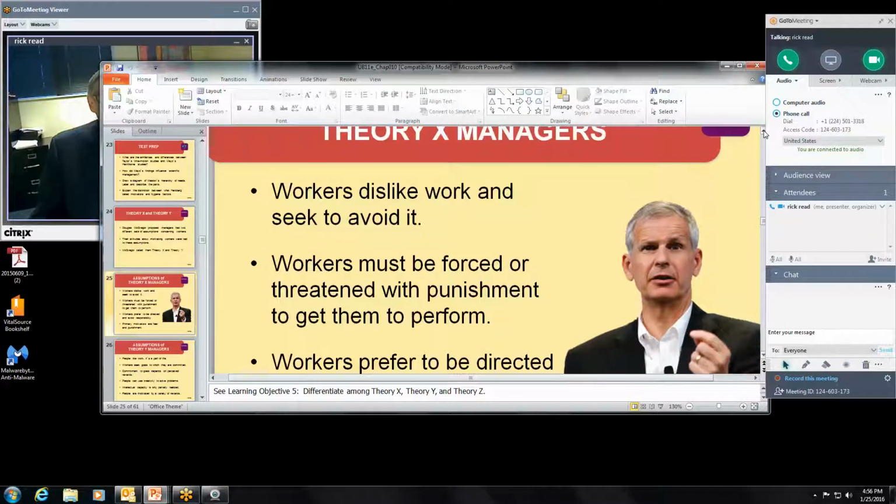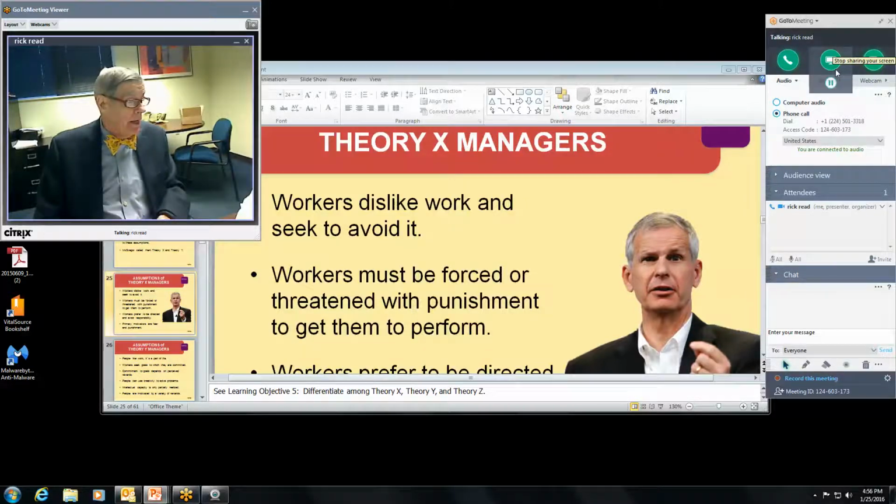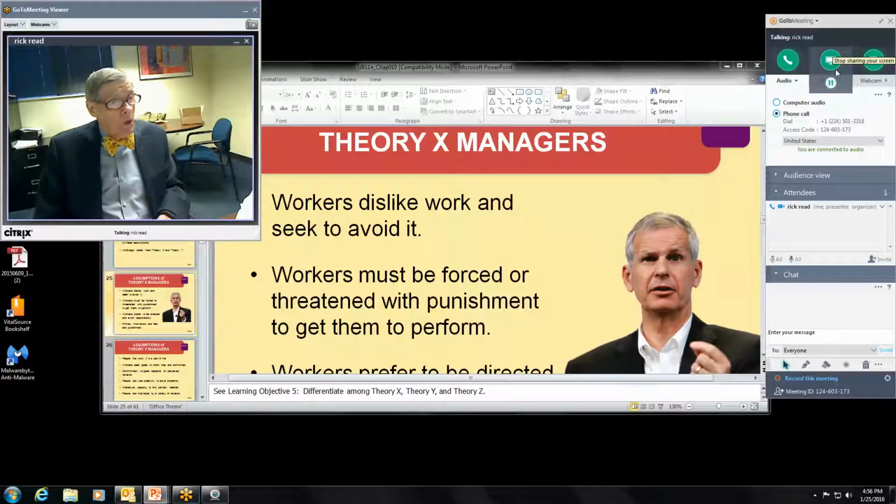And McGregor says that Theory X managers really say that workers don't like to work. They have to be kind of coerced into work. Notice they use the words threatened and are punished. That the only reason they're there is for pay and some other type of reward. Otherwise, they wouldn't be there. Those are managers now. I'm not talking about employees.